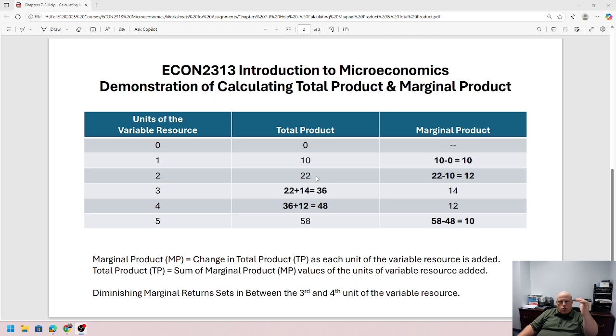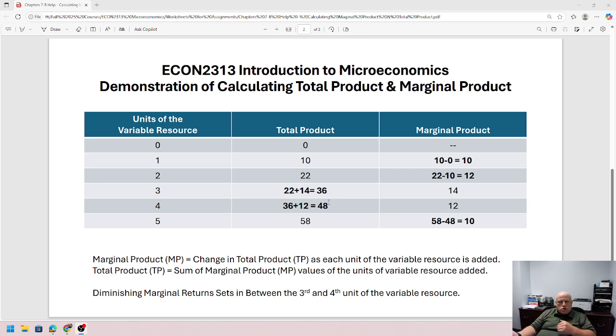For 2 units in this case, which was 22, plus the marginal product value that they give you for the third unit. So it'd be 22 plus 14, which is 36. Okay, so the total product here is 36. All right, now on the fourth unit, they do the same thing.